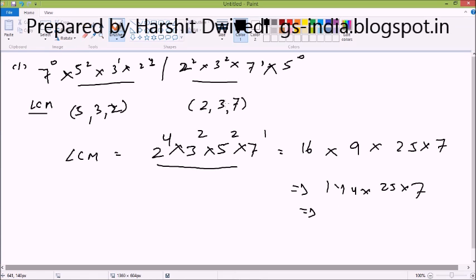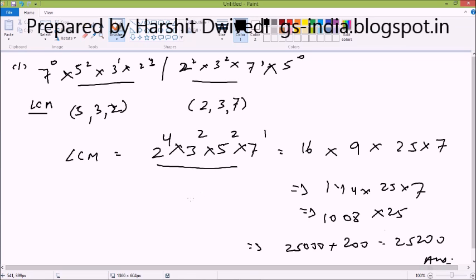Now we should multiply this. 144 into 7: 7 4's are 28, 2 carry, 7 times 4 is 28, plus 2 is 30, 3 carry, and 7 ones are 7, 1008. 1008 into 25. How much is it going to become? It is 25 into 1000, so 25,000, plus 25 into 8, 200. It becomes 25,200. This will be your answer.